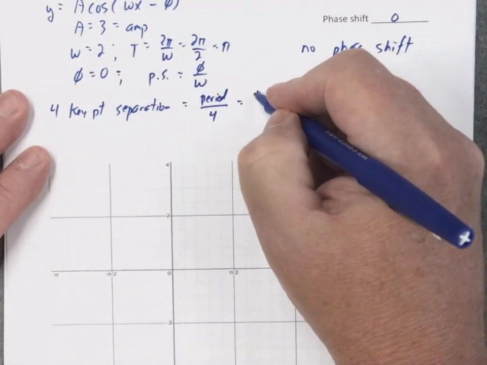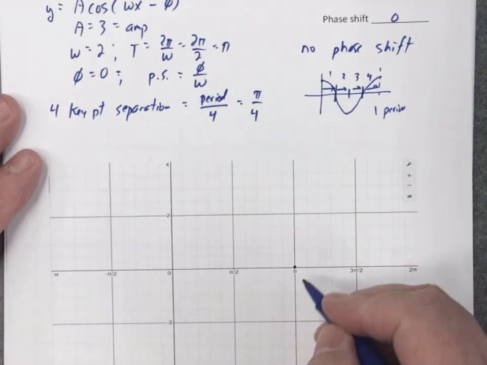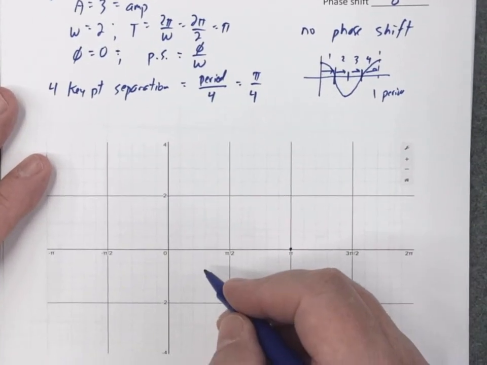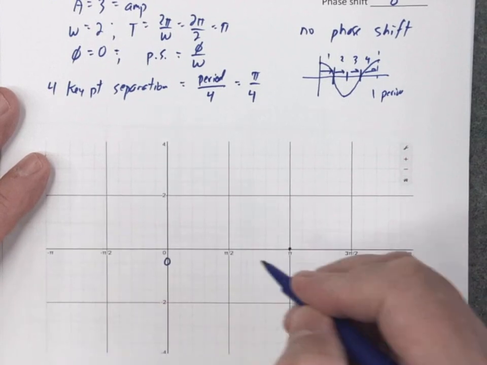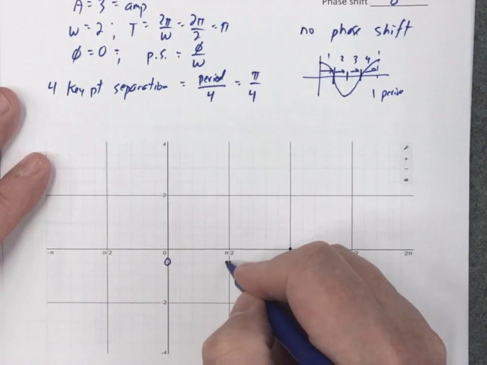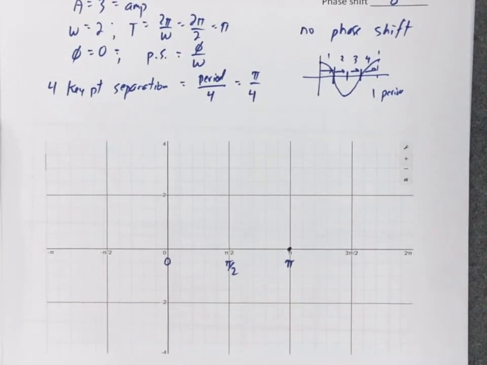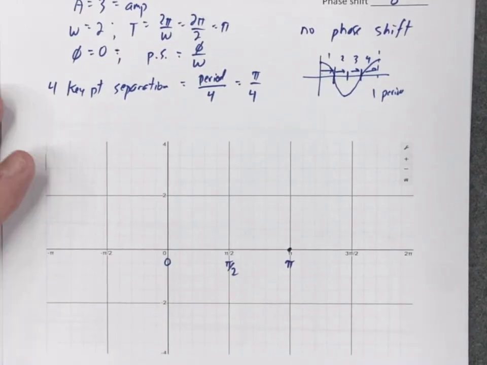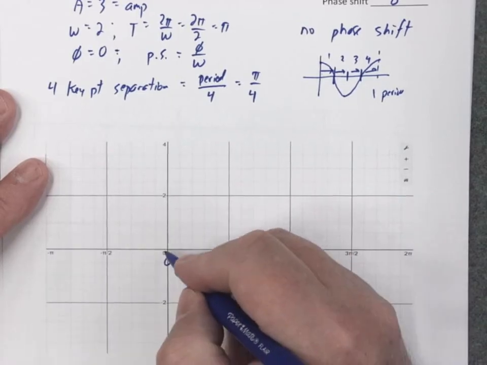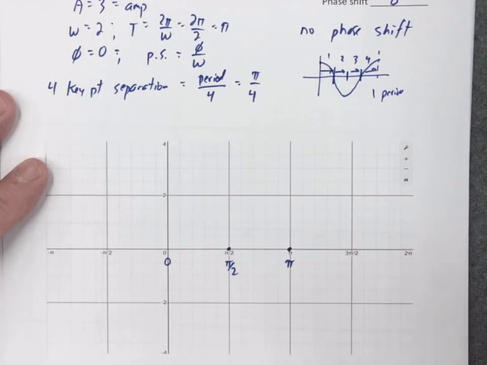For us, the period is pi divided by 4. So I go down here, and just in case you can't see this graph, this is 0 here, this is pi. You can see here, I just put a dot here at the end of my period, and then I cut it in half. In other words, from 0 to pi is my period. Halfway is pi over 2.